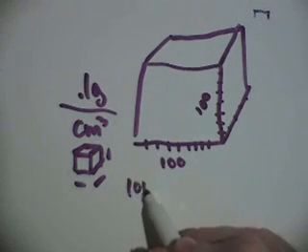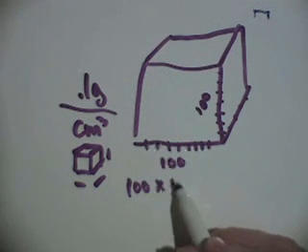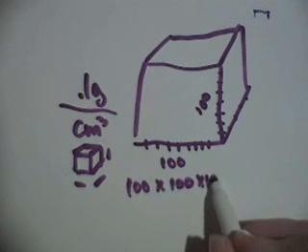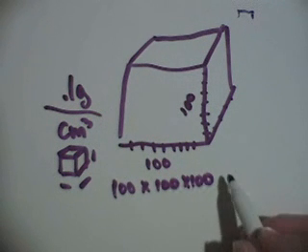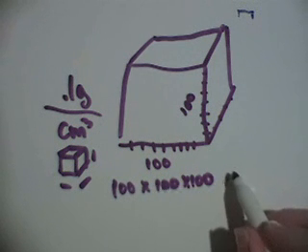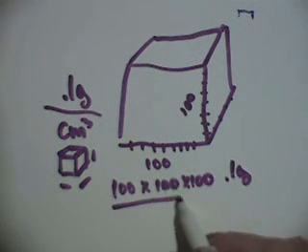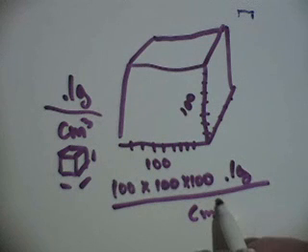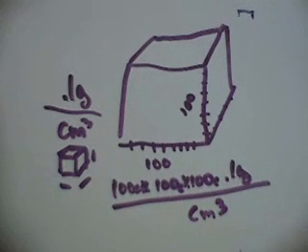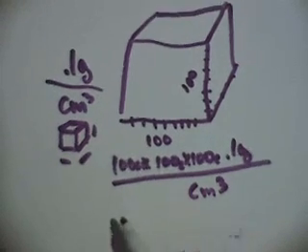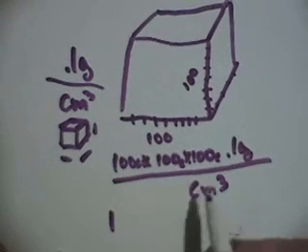Well, it would be 100 by 100 by 100. And each one of those would have a mass of 0.1 gram per centimeter cubed. So that would be 100 centimeters by 100 centimeters by 100 centimeters, which would be, let's see, 1 with 6 zeros behind it.